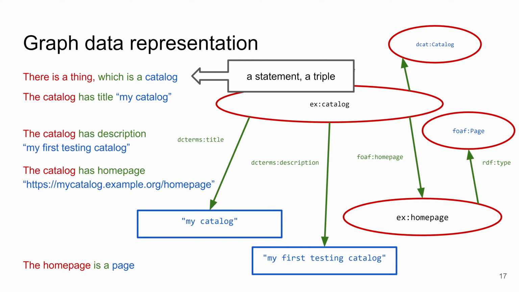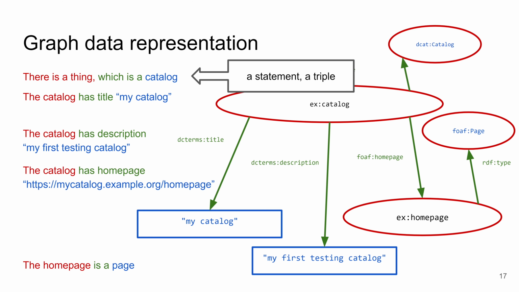Okay, so when we say there is a thing which is a catalog, this is a statement. And now we know that it is also a so-called triple, because it has three parts. The thing, the edge in the graph, and catalog, which in this case is a thing representing the set of all catalogs, or the type catalog.